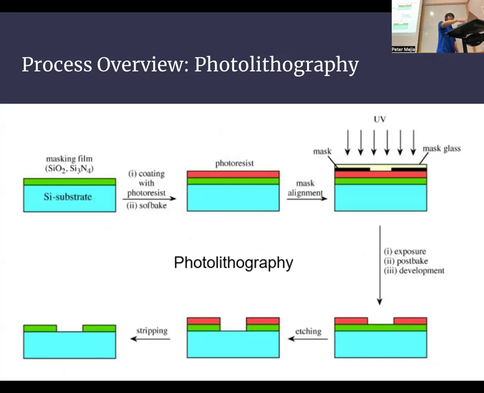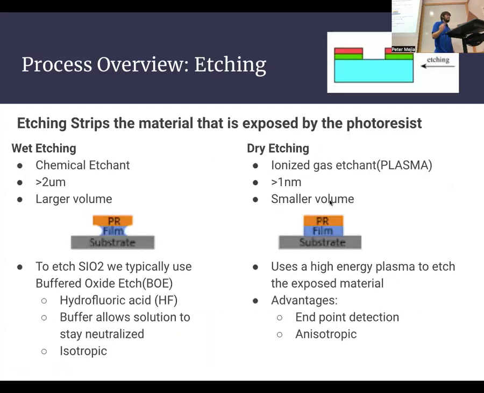Based on your mask, you'll have a pattern, and then you etch it so that you get rid of this middle section here, and then you're just left with this. Then you can strip that with a certain solution that strips the photoresist off, and you're left with a patterned wafer.